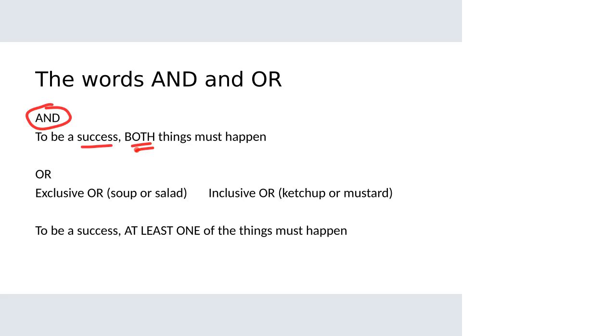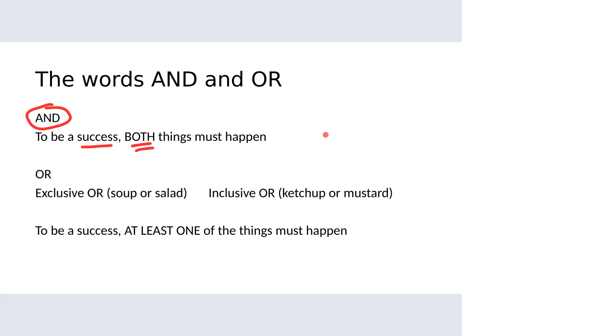We have to have the first thing and the second thing. Thinking way back into Math 122, this is similar to intersection. We need the first thing and the second thing. And went with intersection back then, and here, we need both things. So it is sort of reminiscent of intersection back from Math 122.